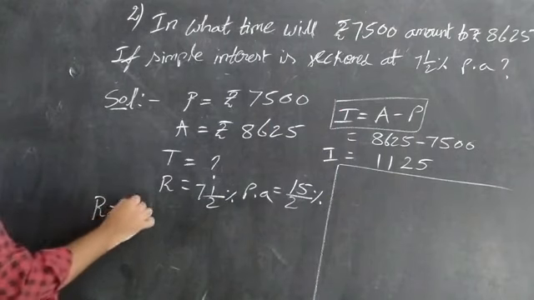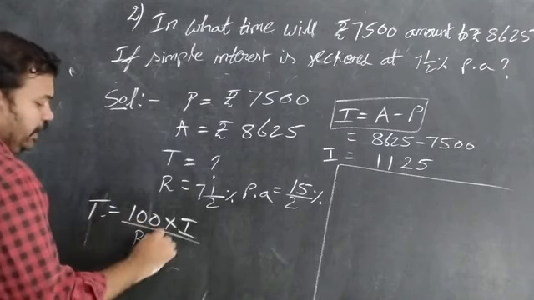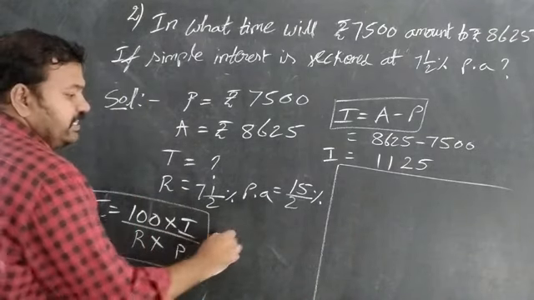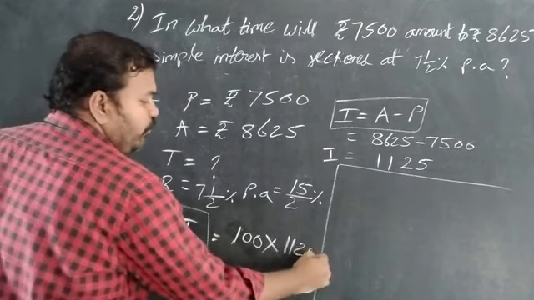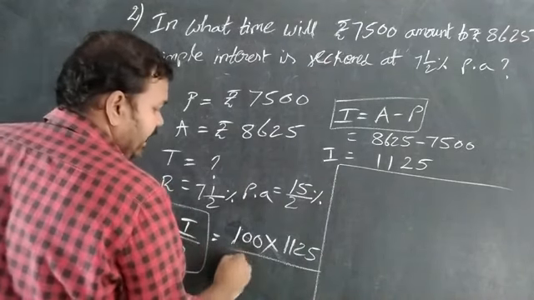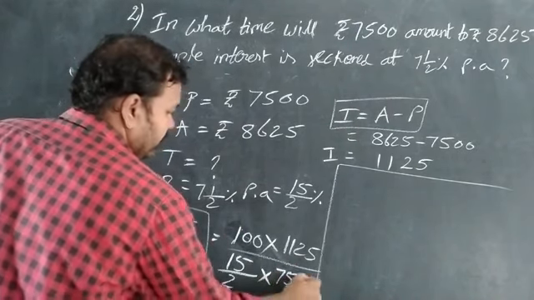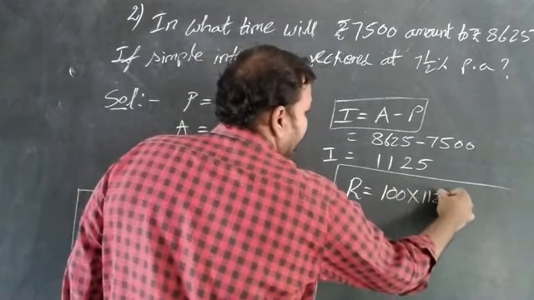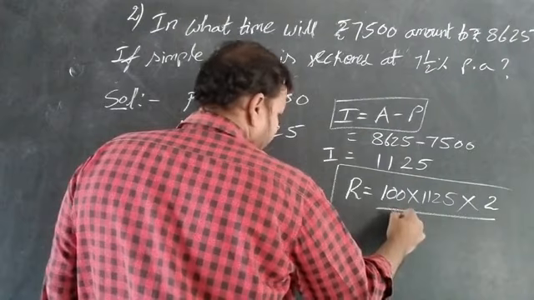Substituting in the formula, T is equal to 100 into I by R into P. That is 100 into interest 1125 by rate 15/2 into principal 7500. Taking the reciprocal, the denominator 2 will come to the numerator.